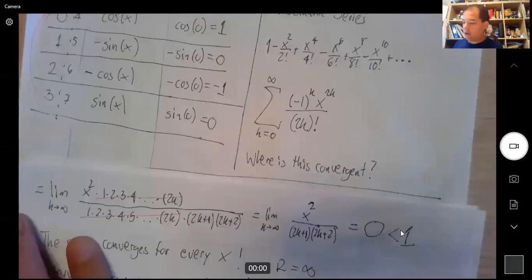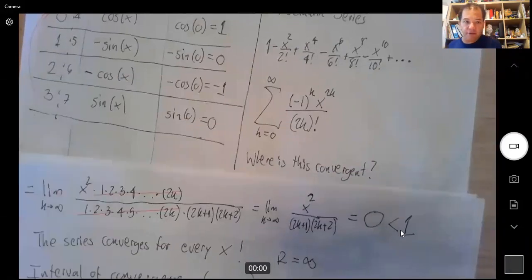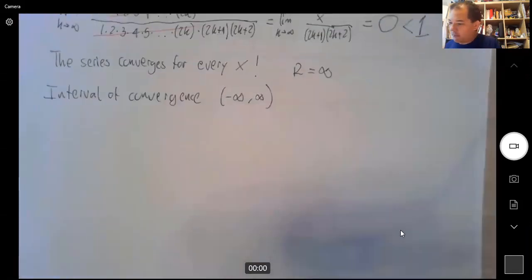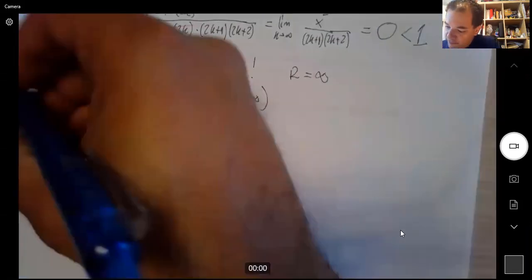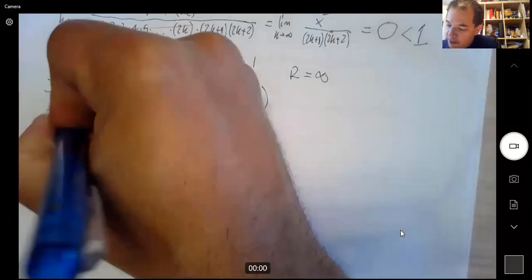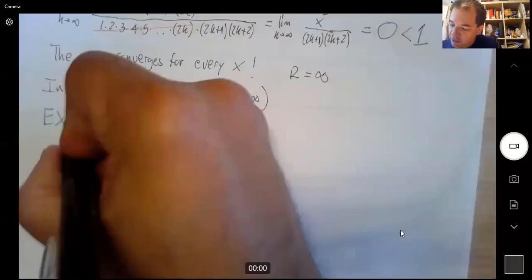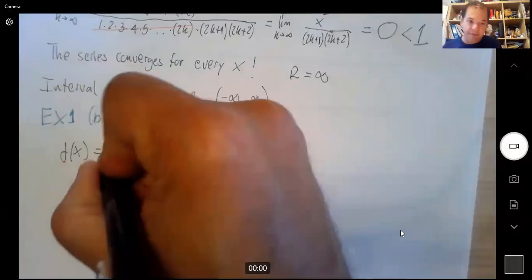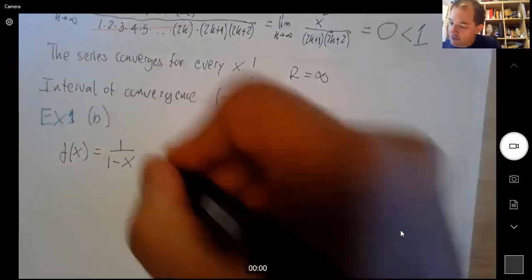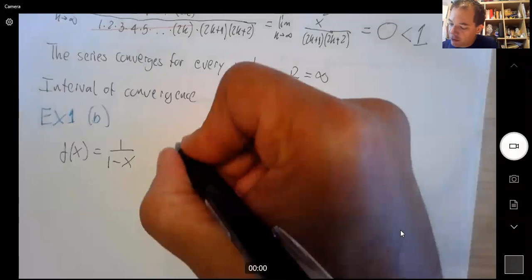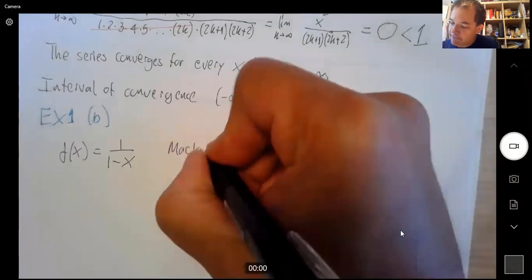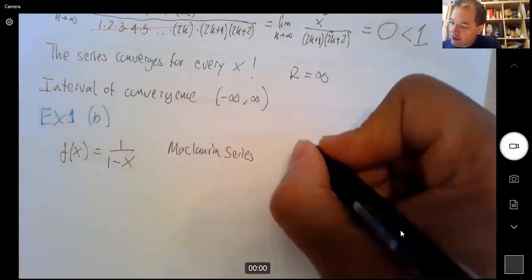All right, so let's move on to the next part. So for part B, we want to do example 1, part B. We want to do f of x equals 1 over 1 minus x. Again, Maclaurin series. So find the Maclaurin series. I'll proceed the same as before.